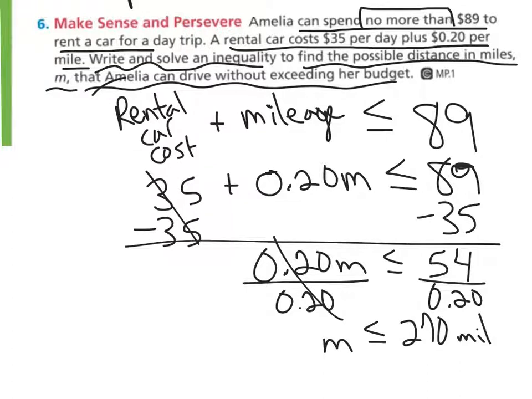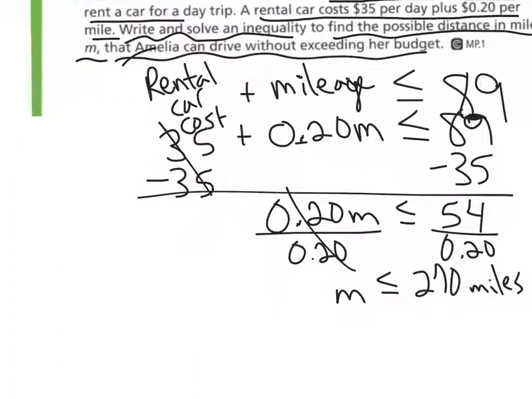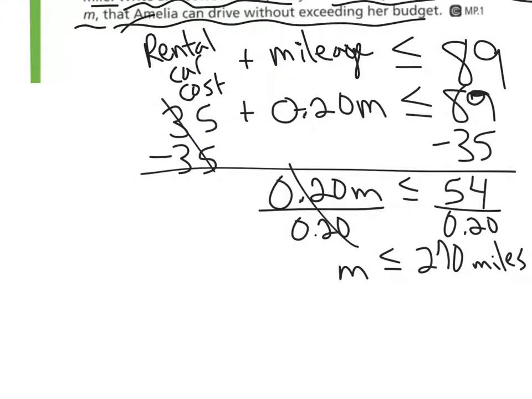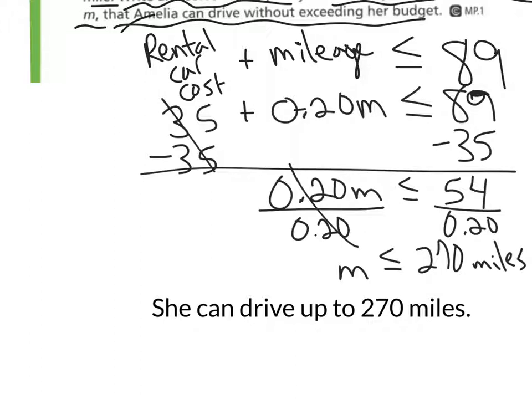And when you work that out, it should be 270, so M is less than or equal to 270. So we could say something like she can drive up to 270 miles, she can drive 270 miles or less, something to that effect. So this gives you an idea of how to solve two-step inequalities.